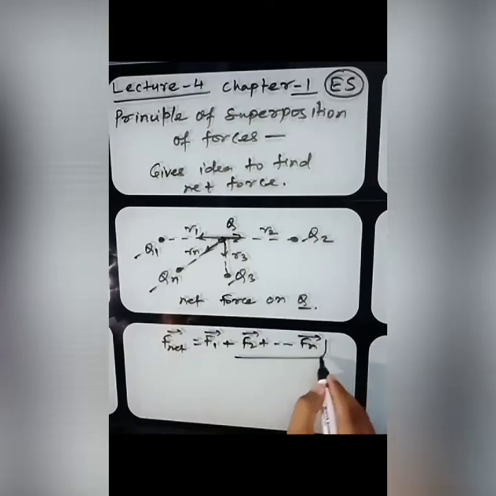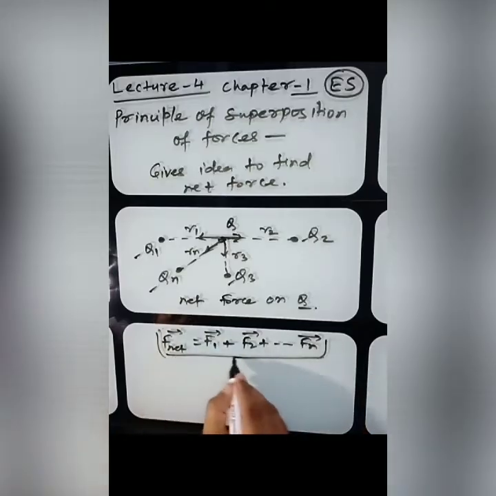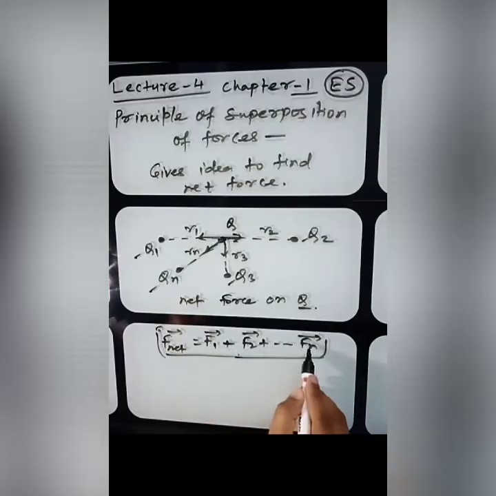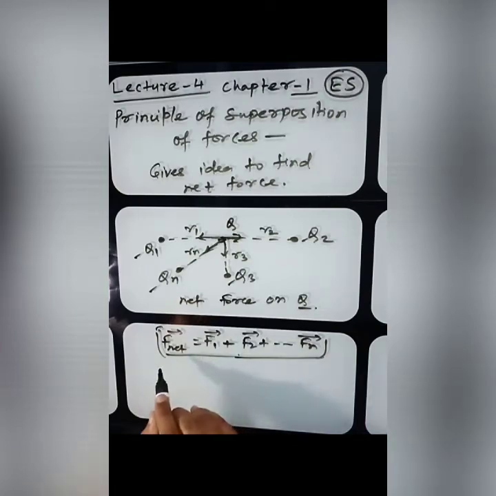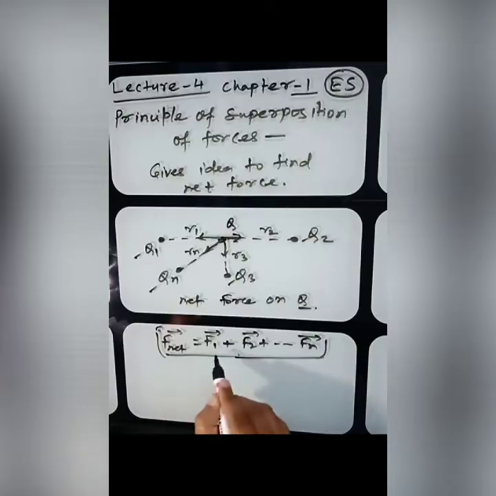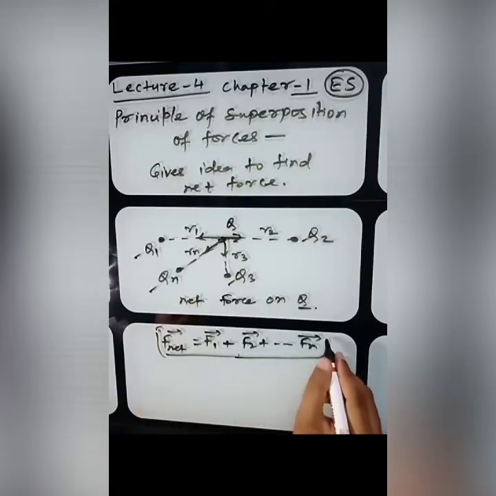If we are finding the net force on a charge by the vector sum of the individual forces, this way is called the superposition principle. The superposition principle gives the idea to find the net force as the vector sum of individual forces. So this is the superposition principle.